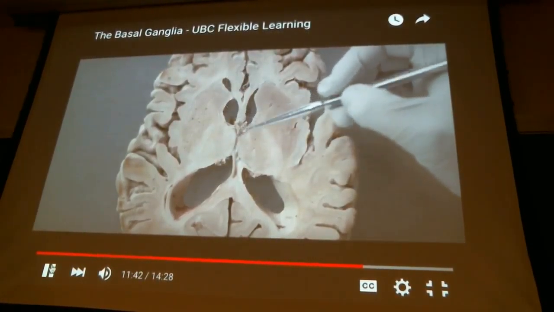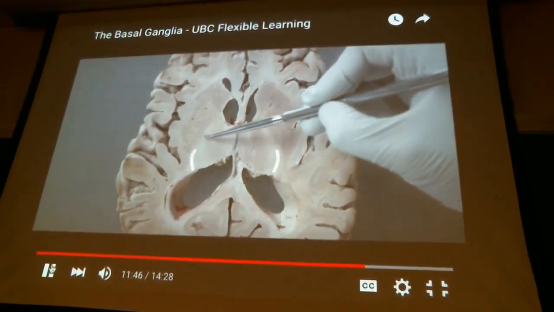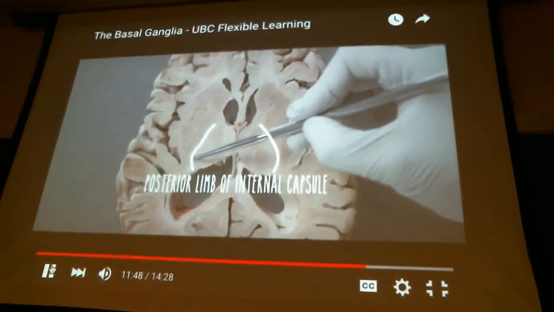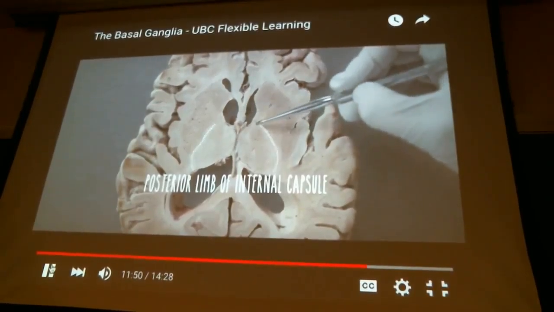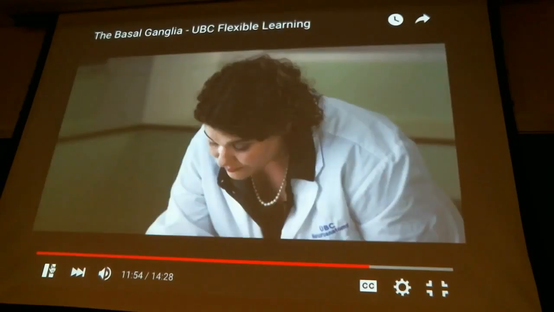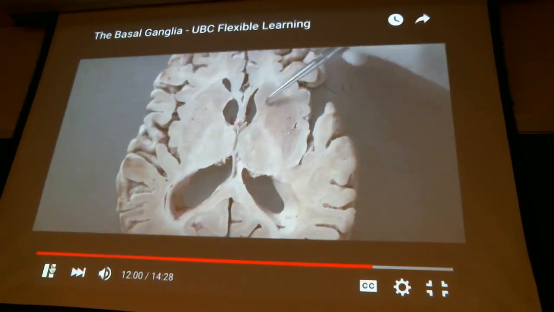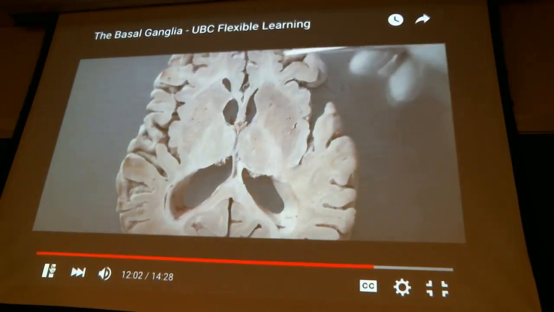Now the thalamus is separated from the putamen and globus pallidus through the posterior limb of the internal capsule. And here's the posterior limb on the other side. The anterior limb of the internal capsule separates the head of the caudate nucleus from the putamen and globus pallidus.